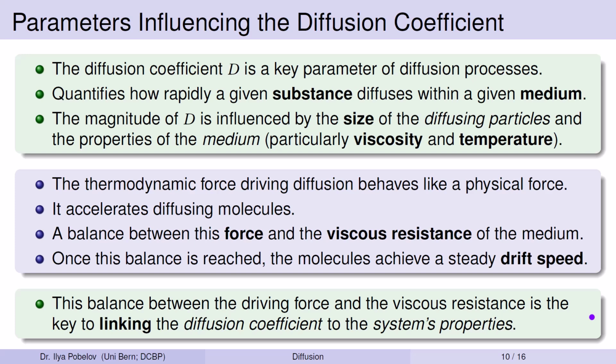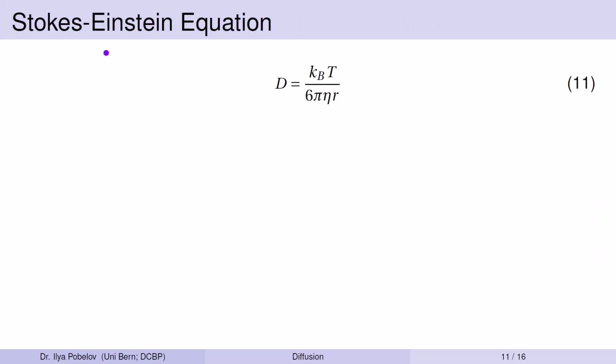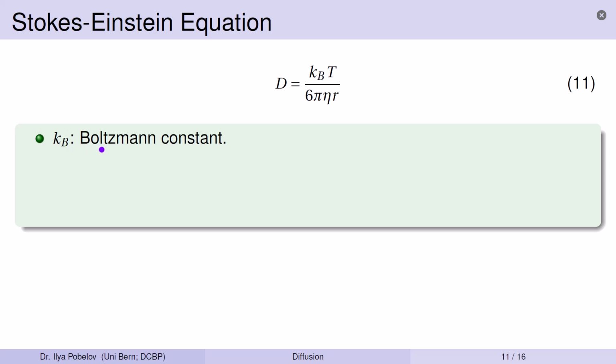system's properties. An equation that relates the diffusion coefficient to the physical properties of the system is the Stokes-Einstein equation. This equation is given by D equals k_B T over 6 pi eta R. Here, k_B is the Boltzmann constant, T is the absolute temperature, eta is the dynamic viscosity of the medium.